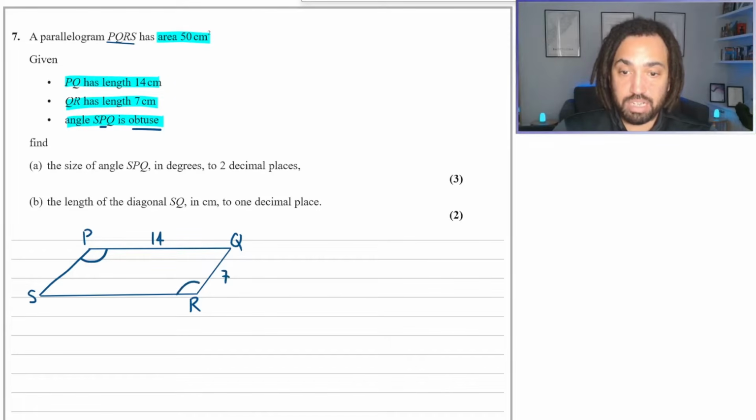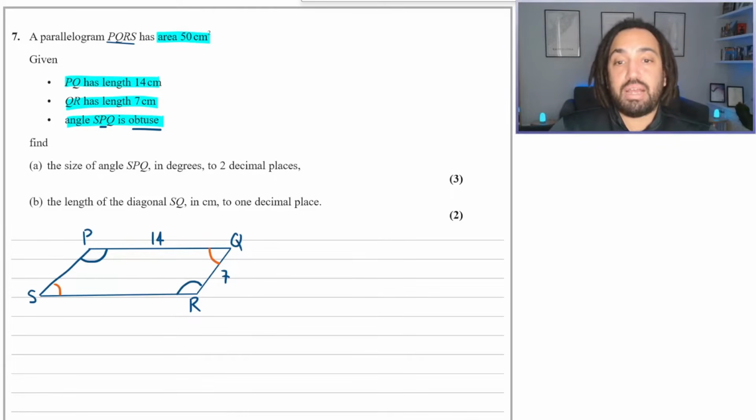It's a parallelogram, so this angle is the same, and this angle is the same. And it says find the size of the angle SPQ. Okay, also because it's a parallelogram, this side is 7 and this side is 14.